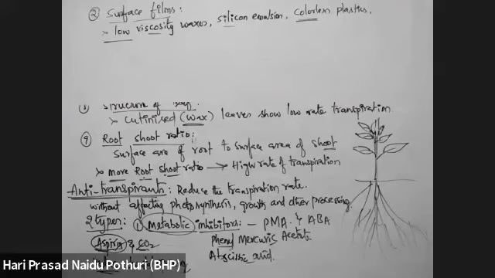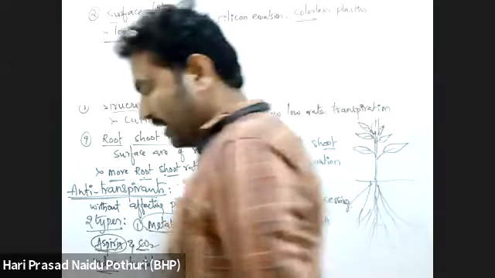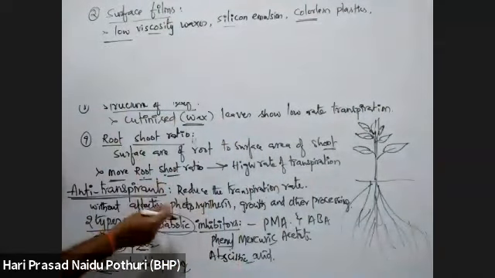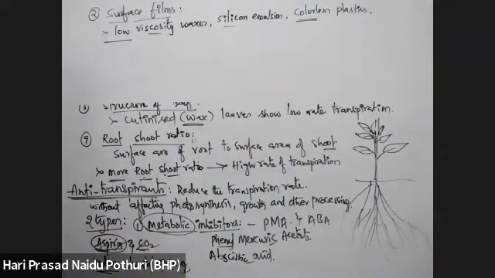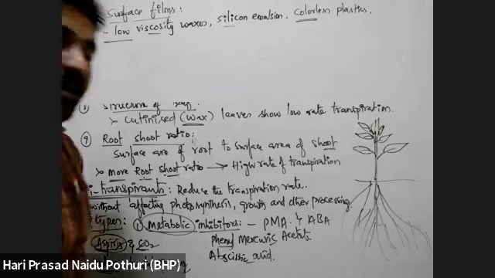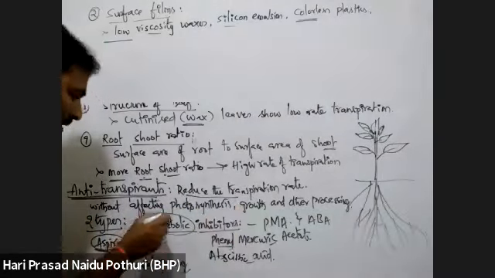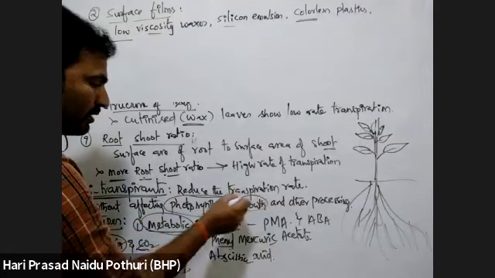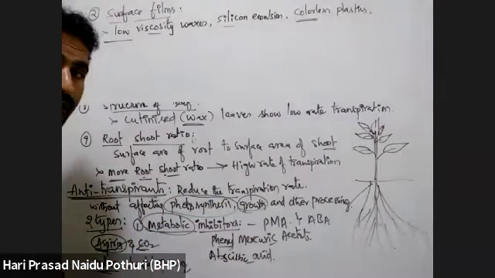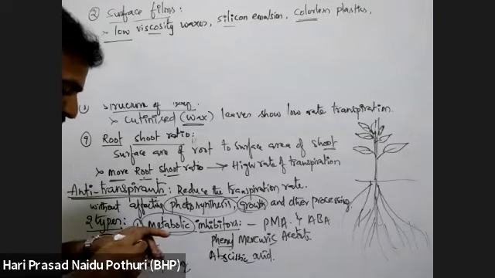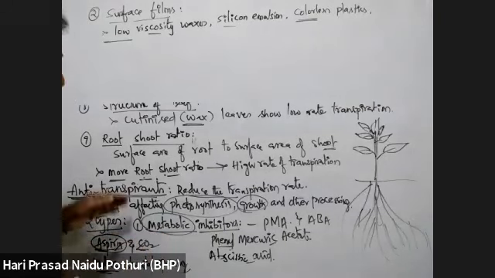As they can reduce it, we can use these materials as anti-transpirants and provide them to plants growing on water deficient soil, so that the rate of transpiration is reduced without affecting photosynthesis, growth, flowering or reproduction. So these are anti-transpirants.